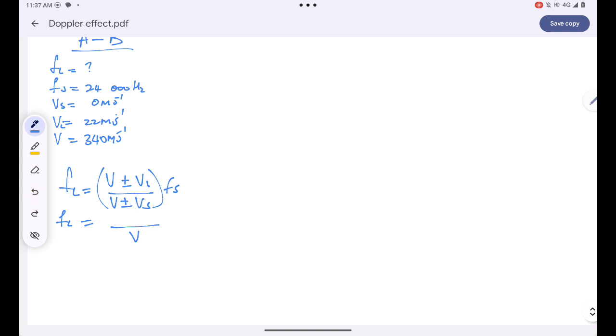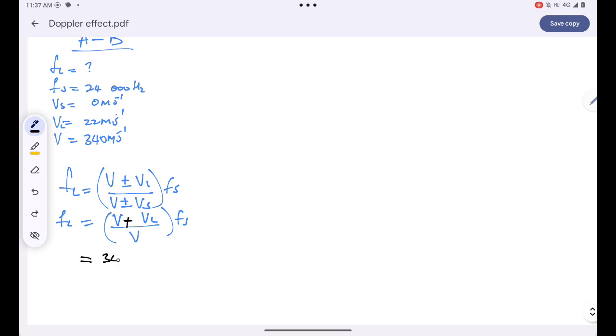So I'll only have V there at the denominator. On my numerator, I will have V and also VL, multiplied by FS. But now, guys, I know that my listener is moving towards the stationary source, which is the device. So since the listener is moving towards the stationary source, I have a plus over there.